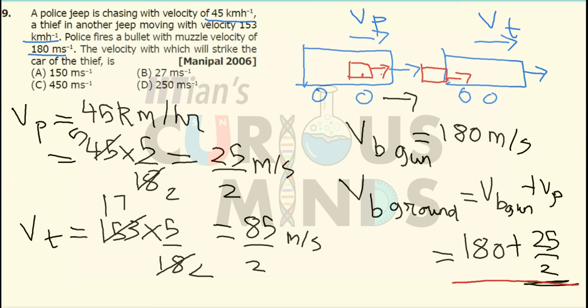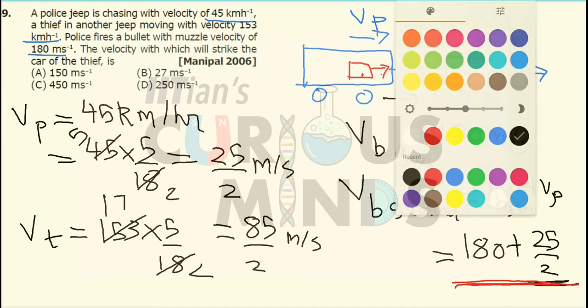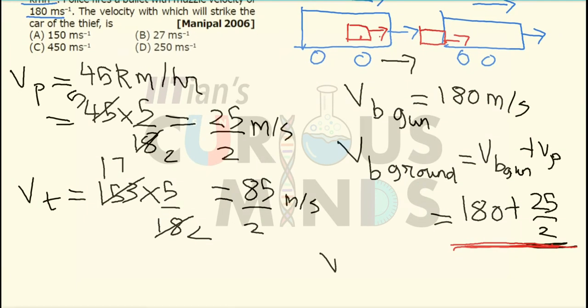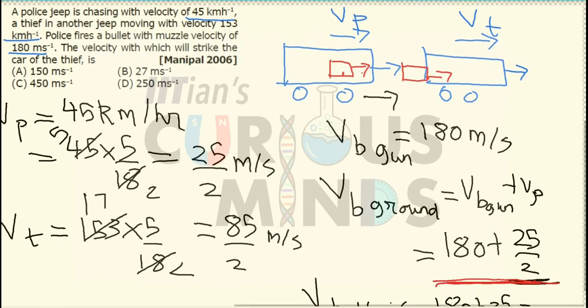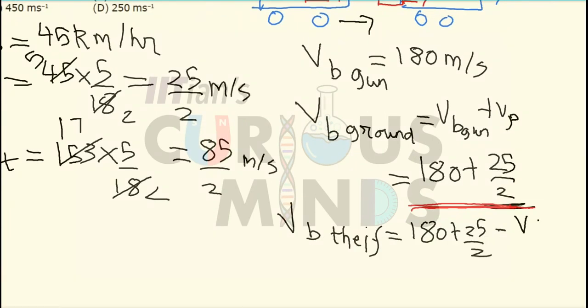Now we have to find the velocity with which it will strike the car of the thief. This velocity is with respect to ground. So the velocity of the bullet with respect to the thief jeep will be equal to the velocity with respect to ground minus the velocity of the thief jeep, that is minus Vt.